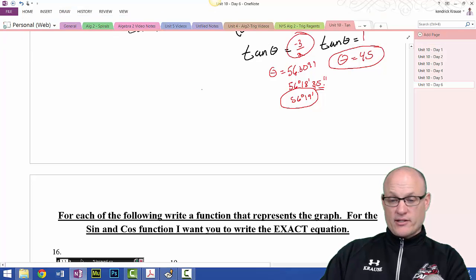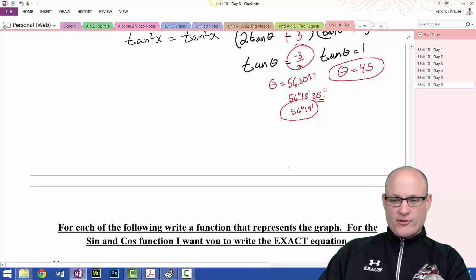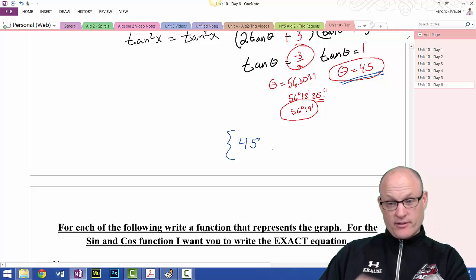All right, so let's see what we got here. First of all, does it restrict where I go? Okay, I'm going from 0 to 360, so I'm going to use them all. These are easy. 45 degrees, we're going to keep it. Where else is tangent positive? Third quadrant. 180 plus 45 is 225.